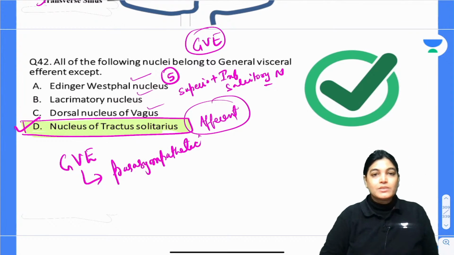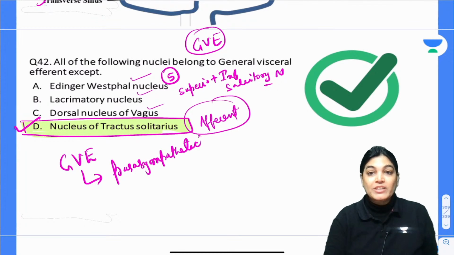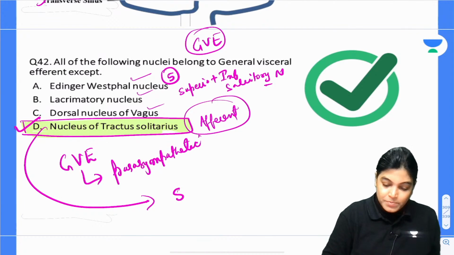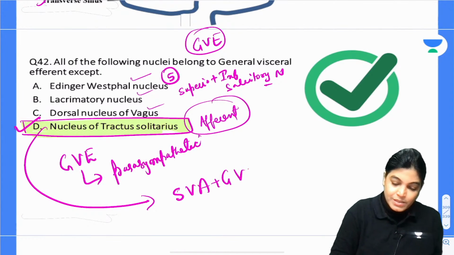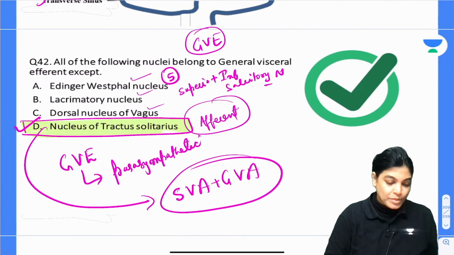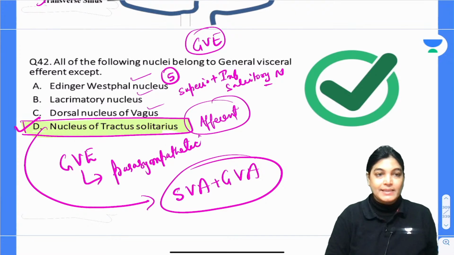But the nucleus of tractus solitarius is the common nucleus for special visceral afferent and general visceral afferent. Got it? So D is the correct answer.